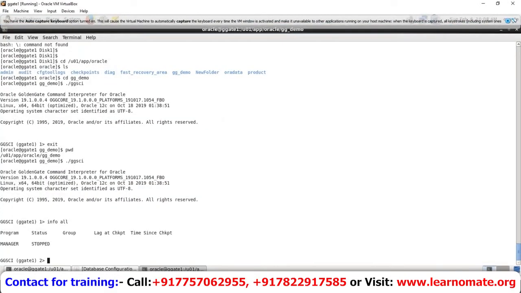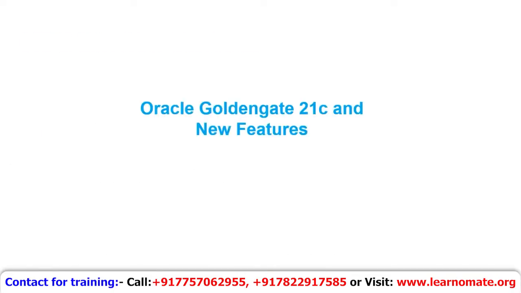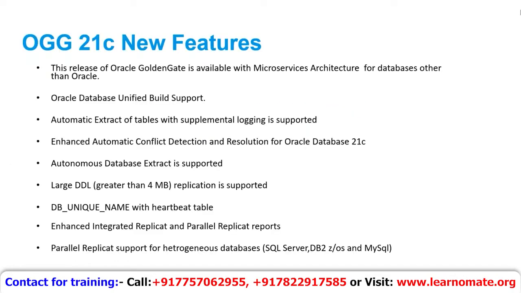Okay, so this is classic architecture as I told. Classic architecture is GGSCI based architecture. Now let me discuss a few 21C new features. Oracle GoldenGate is available with microservices architecture for databases other than Oracle as well. As I mentioned earlier, until 19C, Oracle GoldenGate microservices was available only with Oracle database.